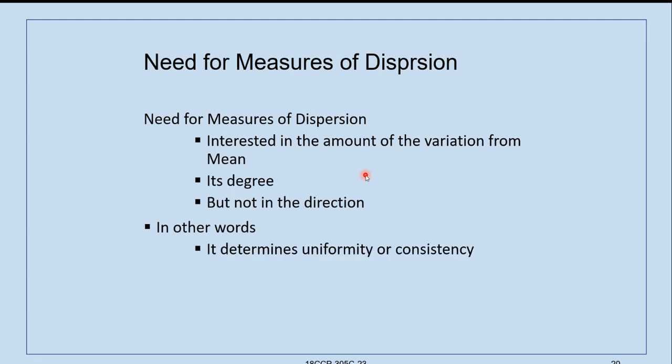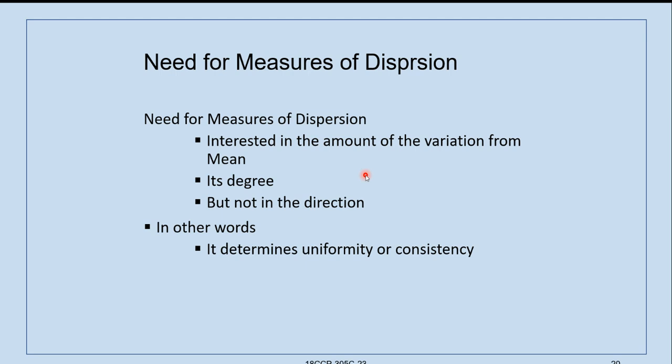Here we will see what is the need for measures of dispersion. After understanding the definition and meaning of dispersion, we will understand the need for measures of dispersion. We are interested in the amount of variation. After looking at the example of the previous slide, series A, B, C, we will try to understand the necessity of measures of dispersion.